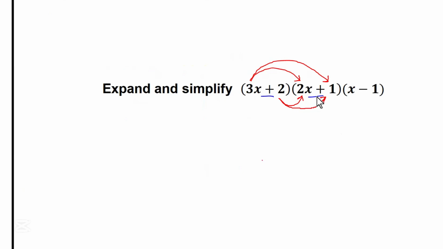Then we can start by saying 3x times 2x is going to give us 6x squared. And then 3x times positive 1 will give us plus 3x. Then let's move to the next term, which is 2. Plus 2 times 2x would be plus 4x.